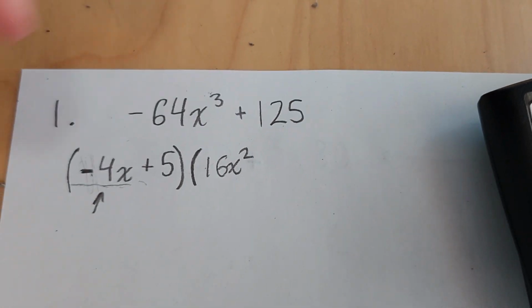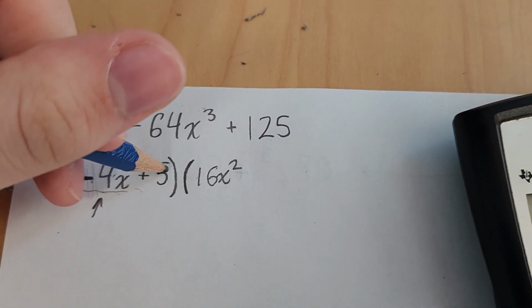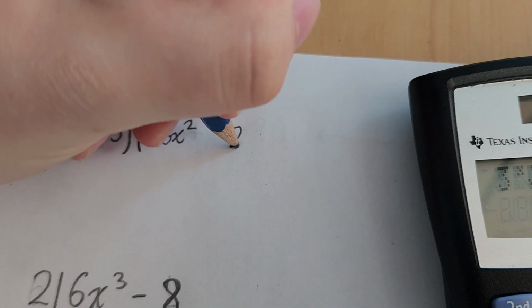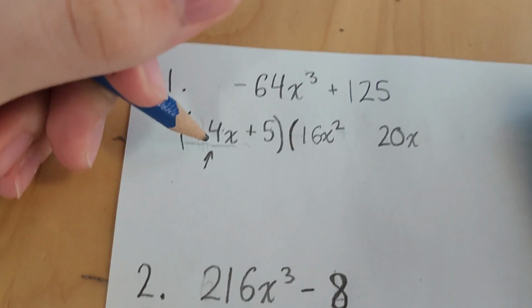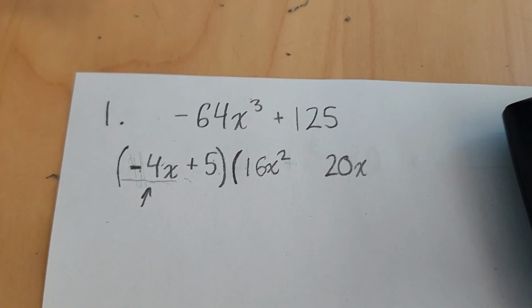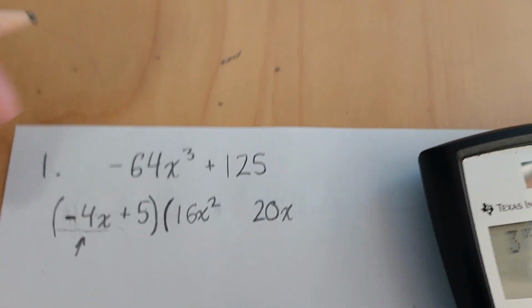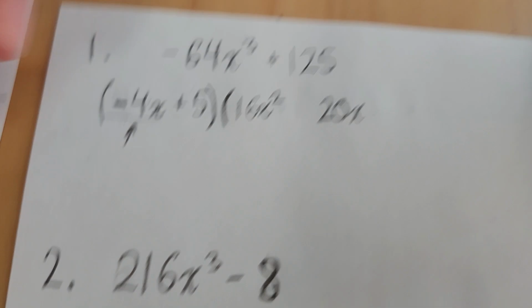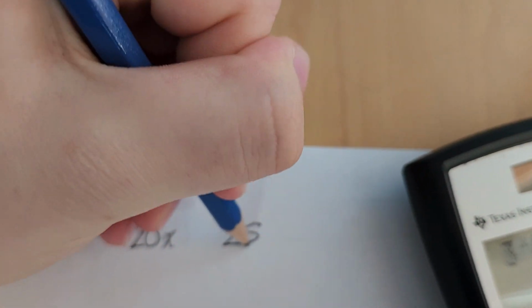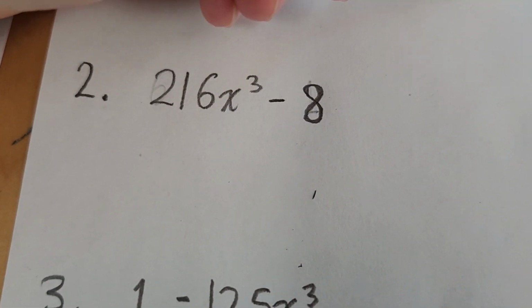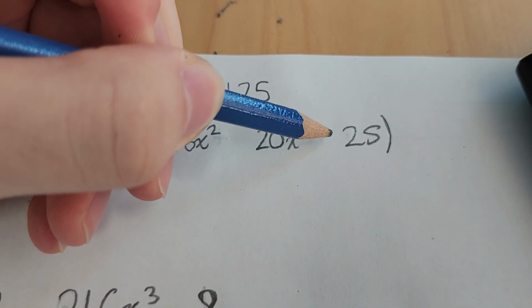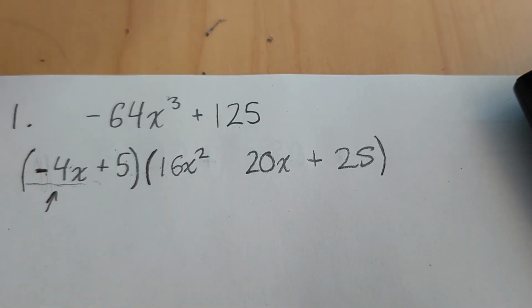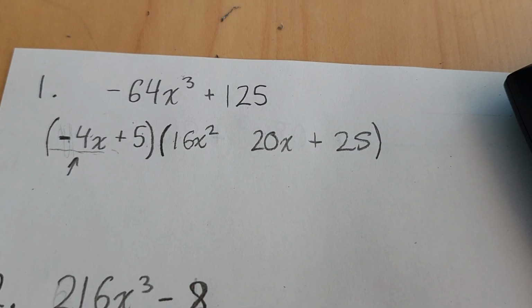Because we're going to do the signs later. So 4x times 5 gets us 20x, because 4 times 5 is 20 and then x, right? Disregard the sign for this one. We'll put in the signs later. And then 5 squared gets us 25. Now, this 25 will be a positive, because it always is.